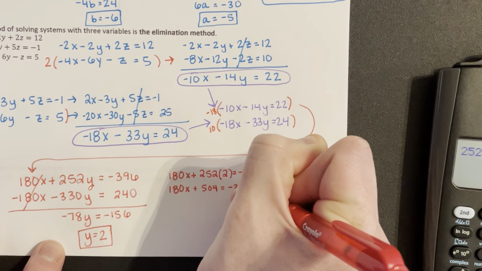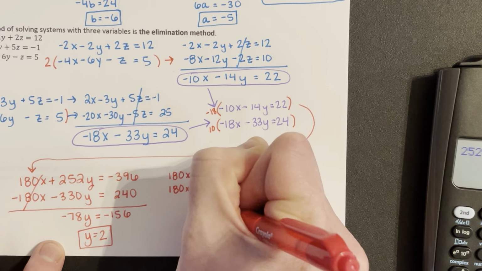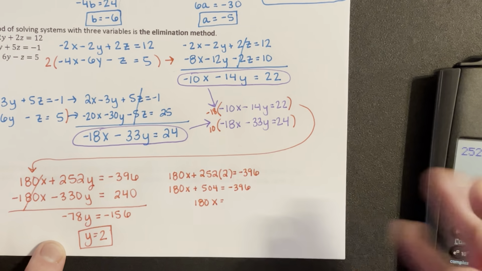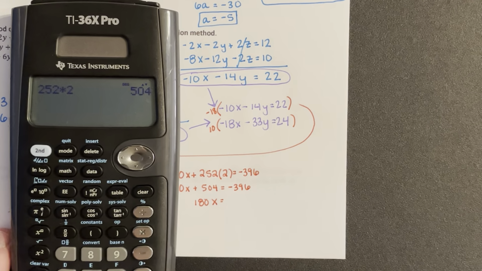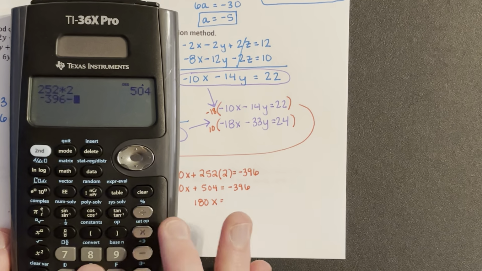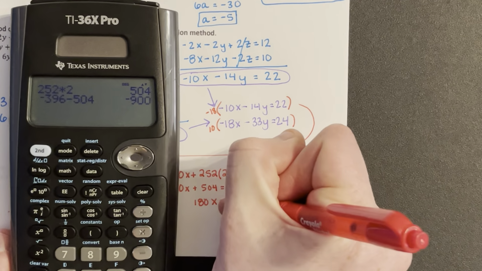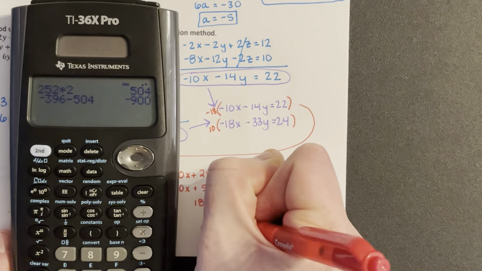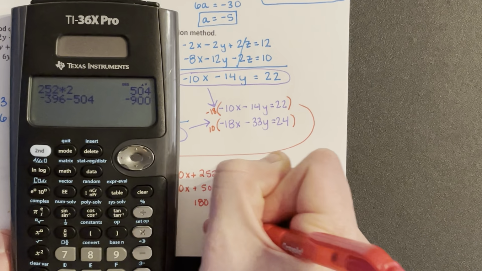Negative 396. And we're subtracting this 504. So negative 396 minus 504 is negative 900. When I divide that by 180, we got negative 5.